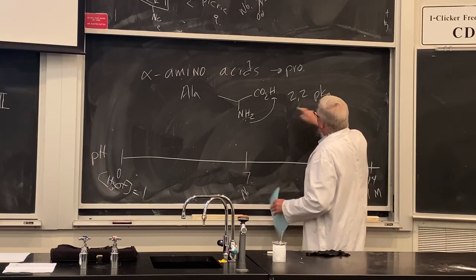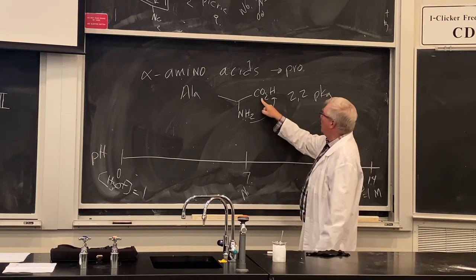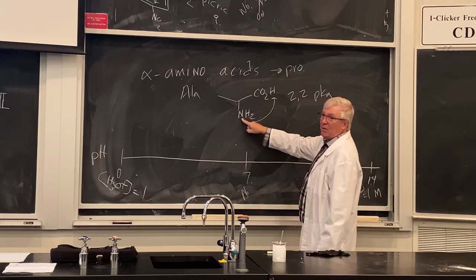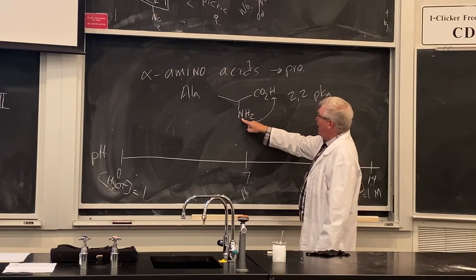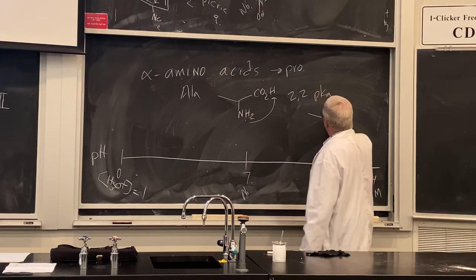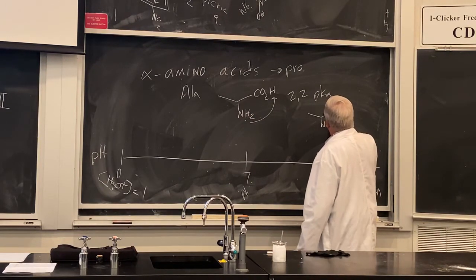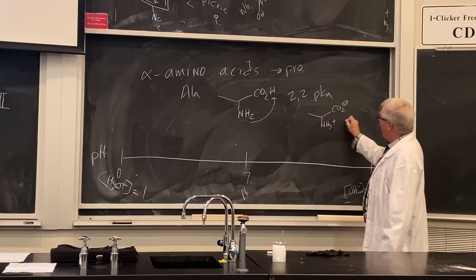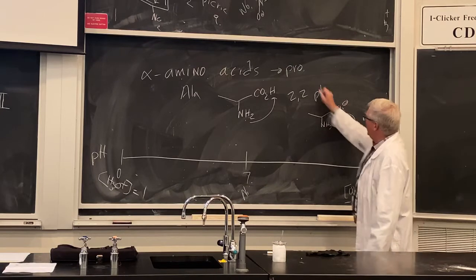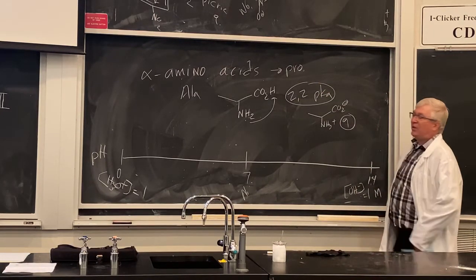And why is that so much lower and more acidic than a normal carboxylic acid? It's because of the proximity to the electronegative nitrogen, okay? And then we also have the ammonium version here, which will have what? NH3 plus charge there. And the pKa of an ammonium cation is 9. So those are the two numbers to keep in mind there, 9 and 2.2 for the different groups.